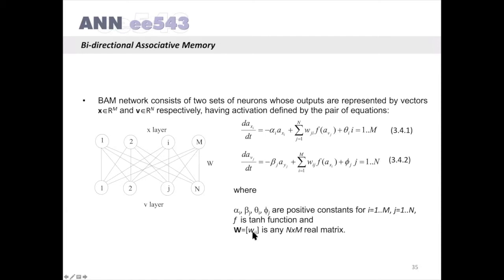Also, the columns of the matrix W correspond to the connection weight vectors of the neurons in this layer. If we consider the W transpose, then each row corresponds to the connection vectors of the neurons in the V layer.